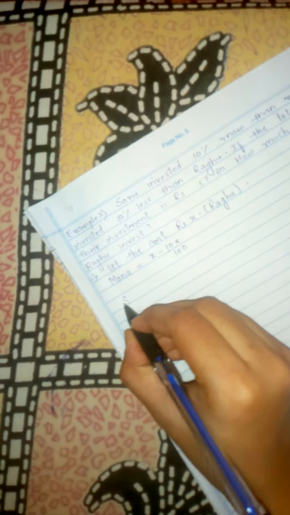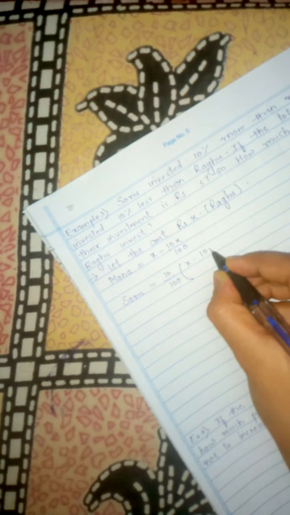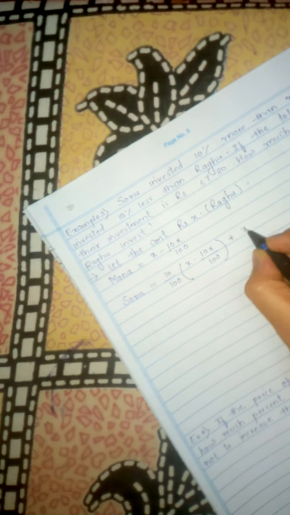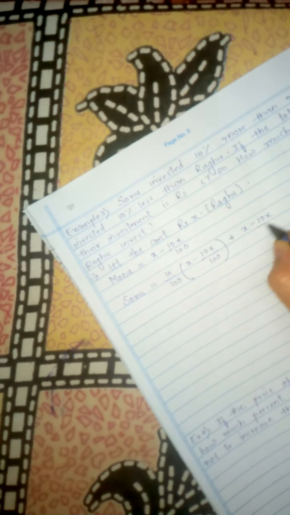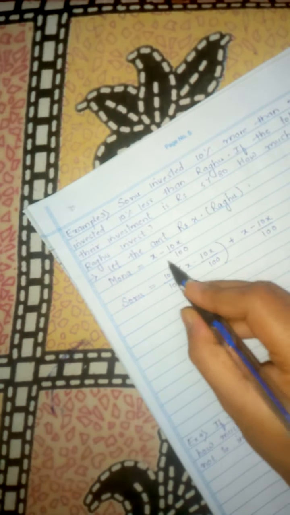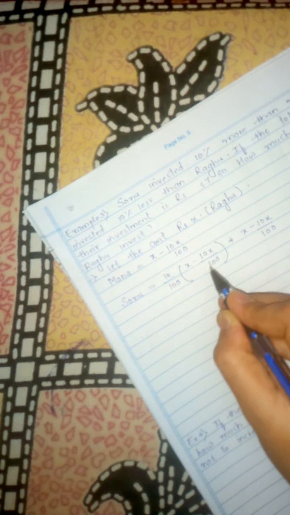First we have to find what is that 10% of Mona's investment, which we know from here, plus X minus 10x upon 100. So first we are finding 10% of Mona's investment, and that much we are adding to Mona's, because Sonu is investing 10% more than Mona.